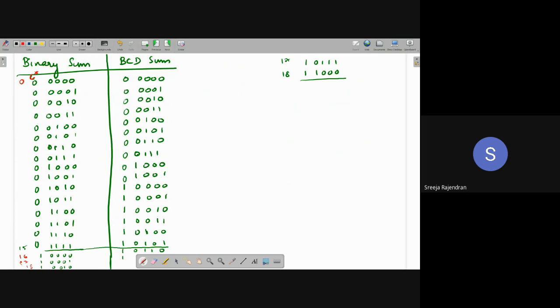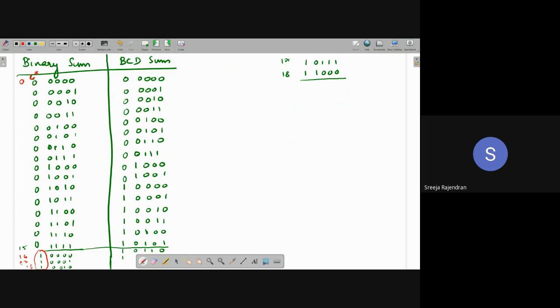Now, if you see for numbers, where is C star equal to 1? C star is equal to 1 in the last three cases, 16, 17, and 18. You can see 16, 17, 18. C star is equal to 1. So that means that if C star is equal to 1, in all those cases, I need to do this correction, right?